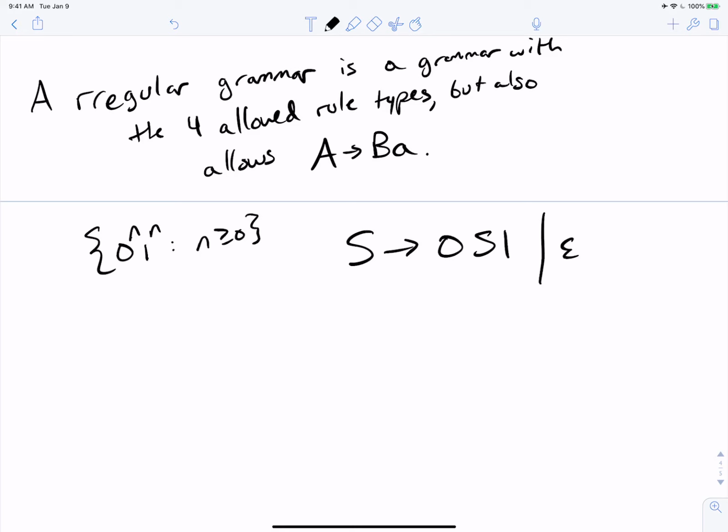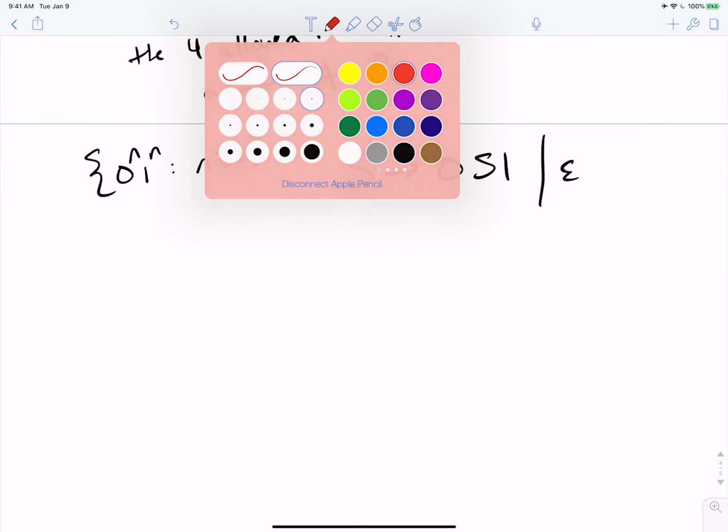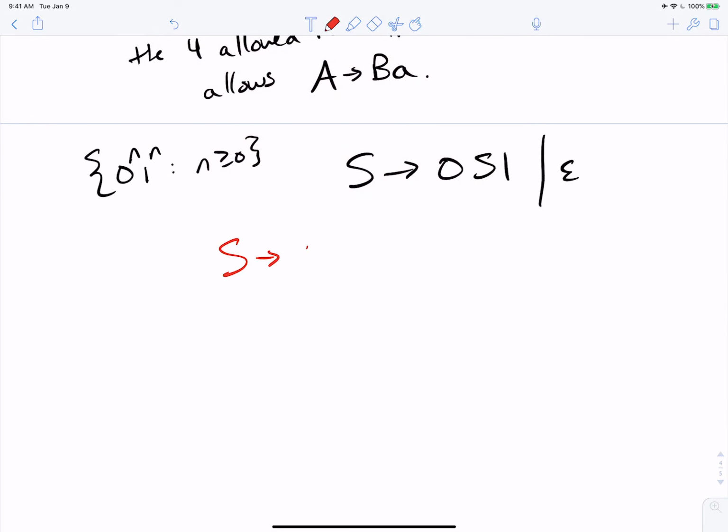So is there a way we can modify this grammar so that it becomes a regular grammar? Like we put S goes to 0S, and then S goes to S1 or empty.